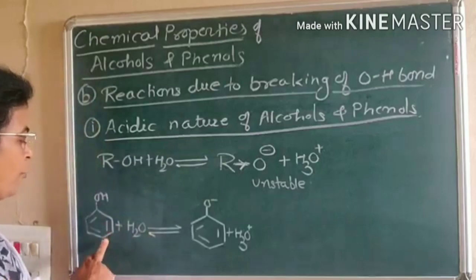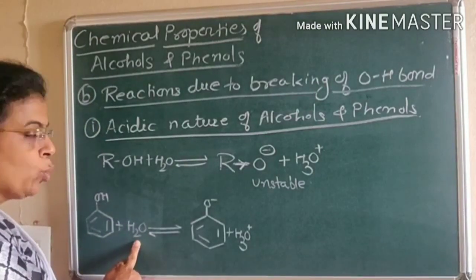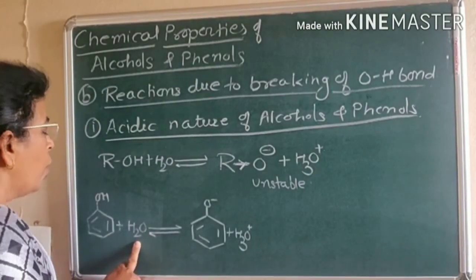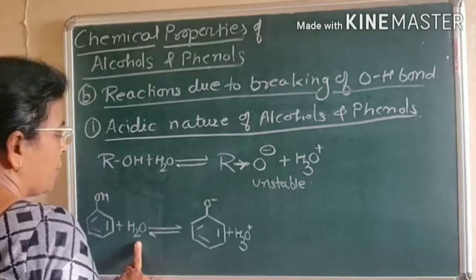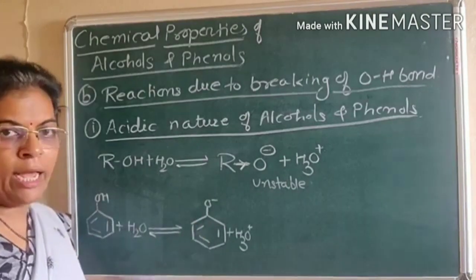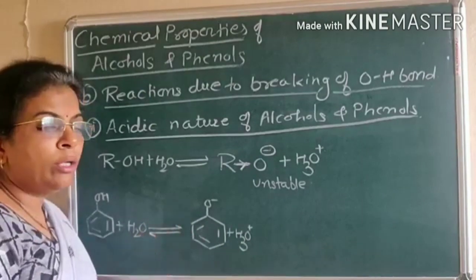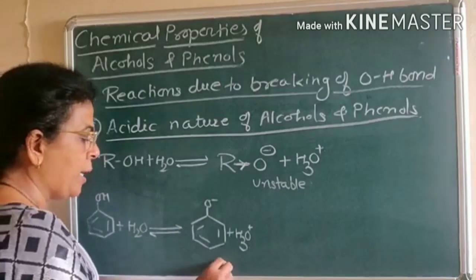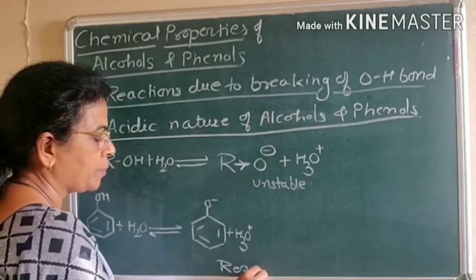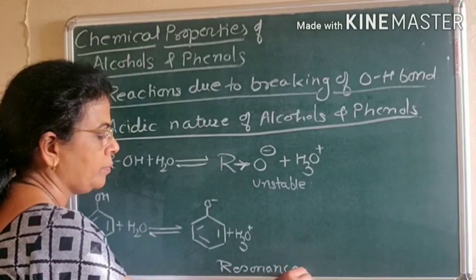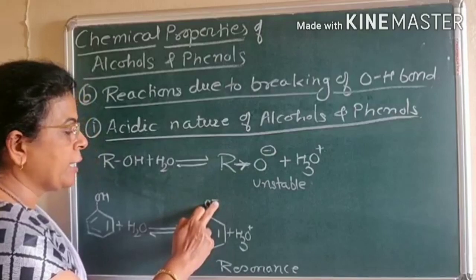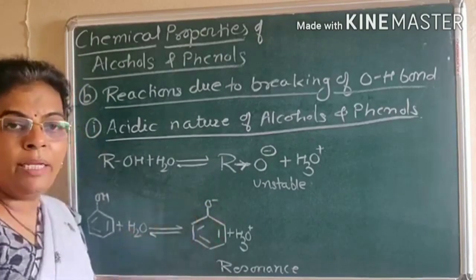But when phenol undergoes ionization in water, it gives phenoxide ion plus H3O+ ion. This phenoxide ion is stabilized by resonance, because the O- ion is conjugated with the benzene ring.